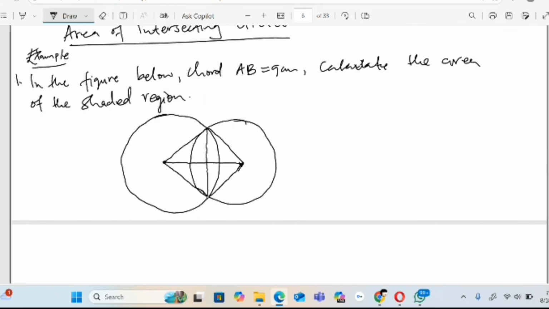So this is O1, this is O2, this is A, then this is B. So this is 8 centimeters, then this is 6 centimeters.